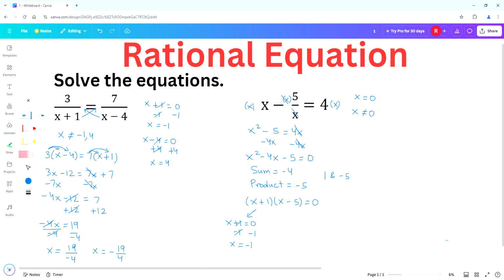The first solution is x equals -1. The second solution is x equals 5. Both of these solutions are not among the restrictions for this rational function equation. So these two solutions are valid solutions. So the second equation has two solutions.